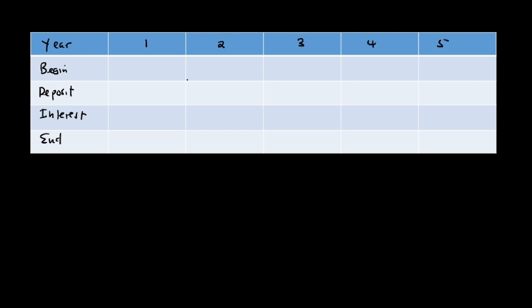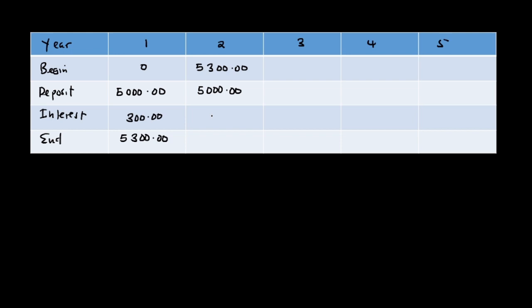At the beginning, there's nothing. Then you deposit 5,000. Interest on the 5,000, which is 6%, gives you 300. Then the total would be 5,300. In year 2, your bank balance will be 5,300. Then you deposit your 5,000, so it becomes 10,300.